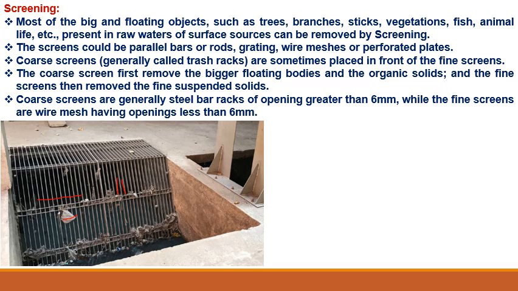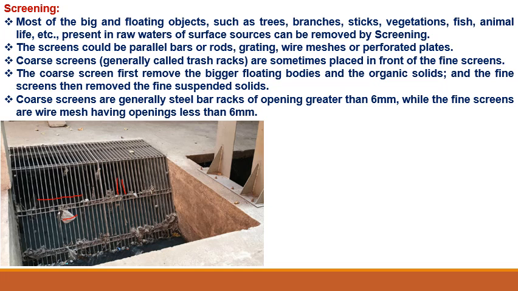The given figure is an example of a coarse screen, generally called a trash rack, sometimes placed in front of fine screens. The coarse screen first removes the bigger floating bodies and the organic solids, and then the fine screen removes the fine suspended solids.